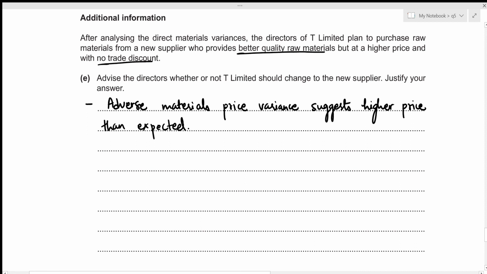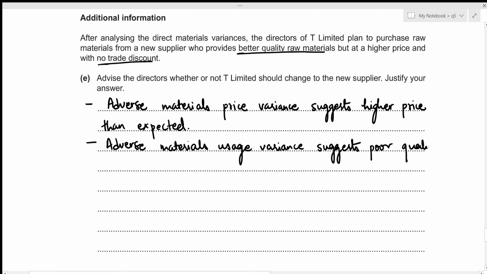And we also had adverse materials usage variance, right? And it suggests poor quality leading to wastage. Let's write it down. Then we're also told that there will be no trade discount from a new supplier, which means that this will make the materials more expensive.